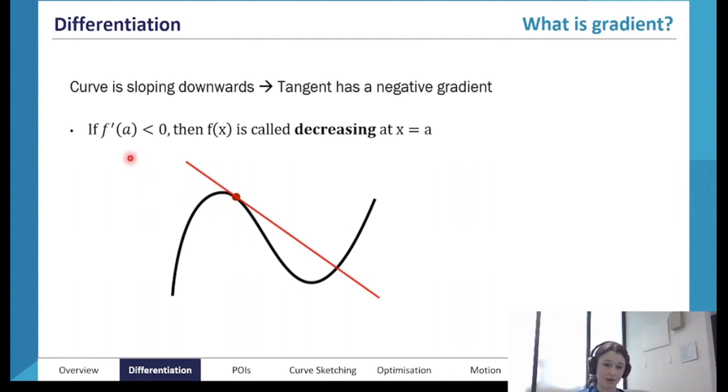And so if the derivative at a point A is less than 0, then the function is said to be decreasing at that point. So, a review of all of that: if the derivative is positive, the curve is increasing. If the derivative is negative, then the curve is decreasing. And this is how we can use the derivative to know things about the curve itself. Know whether it's increasing, decreasing, what the gradient is, etc.